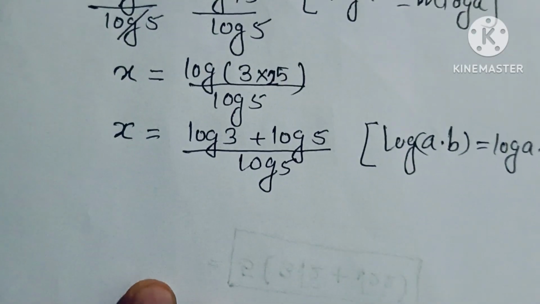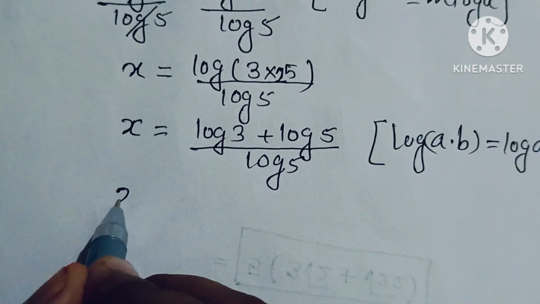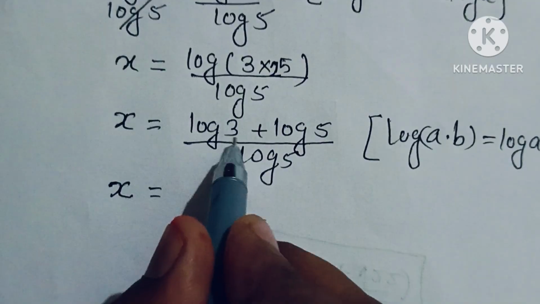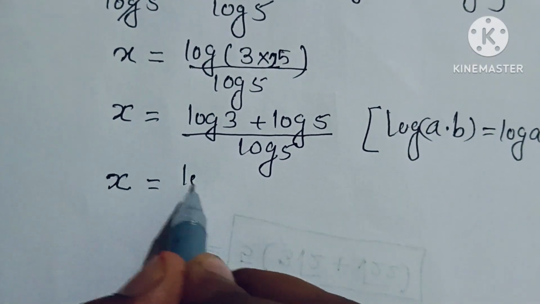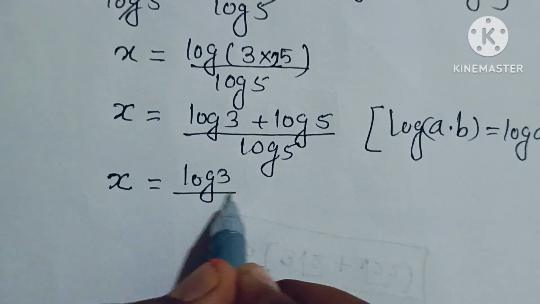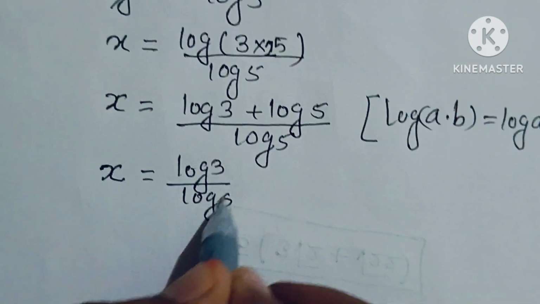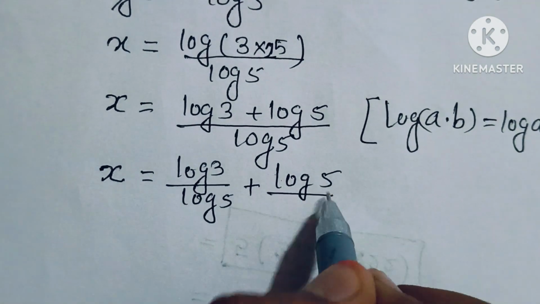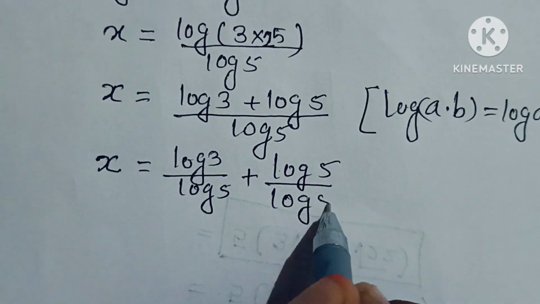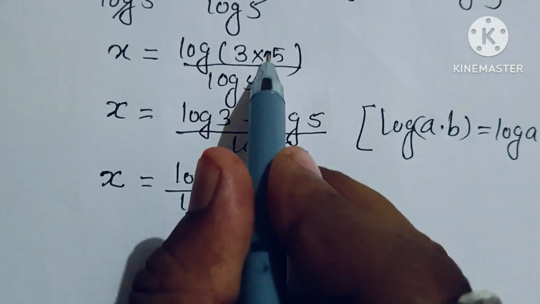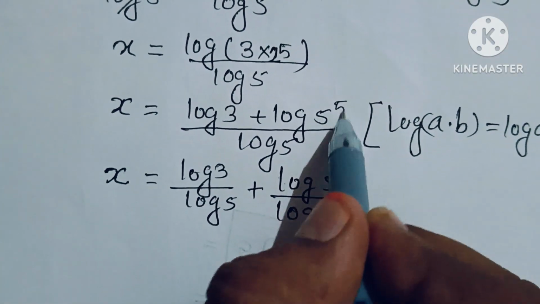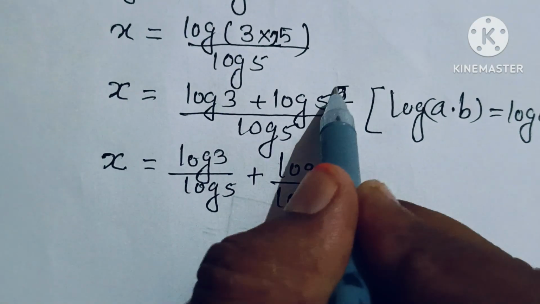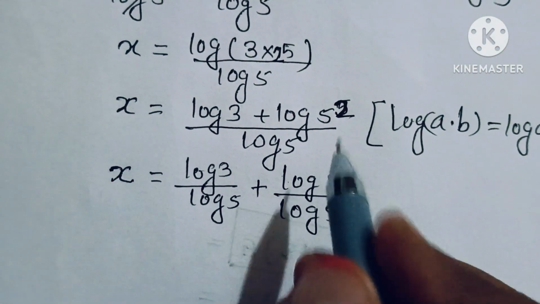Now here separate the denominator. Log of 3 divided by log of 5 plus log of 25 divided by log of 5. Here 25 is a 5 square, 25 is a 5 square.